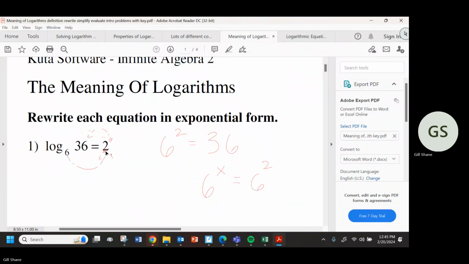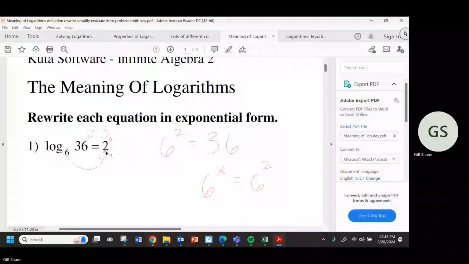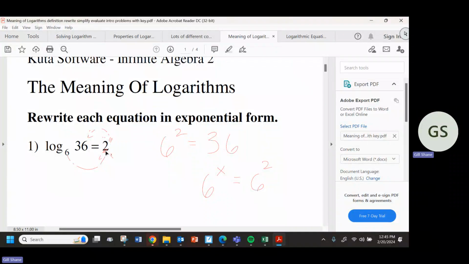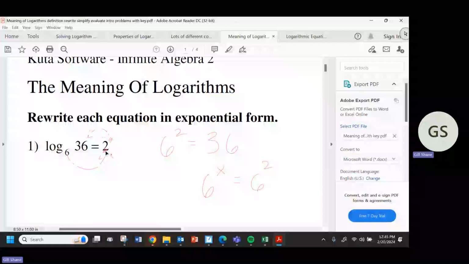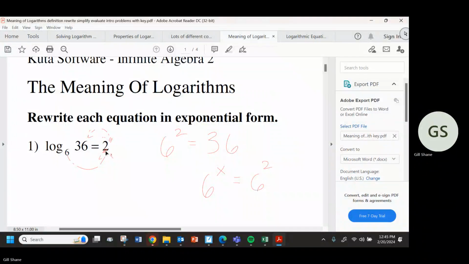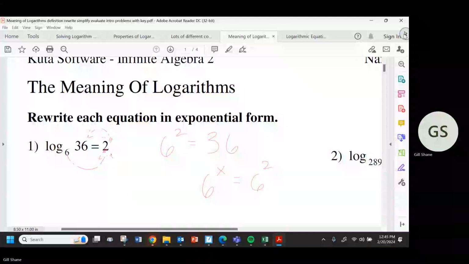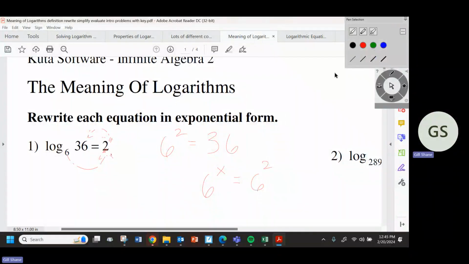Hold up. Huh, I don't see my little guy that allows me to erase everything. Interesting. Yeah, that's not it. Nope, nope, nope.